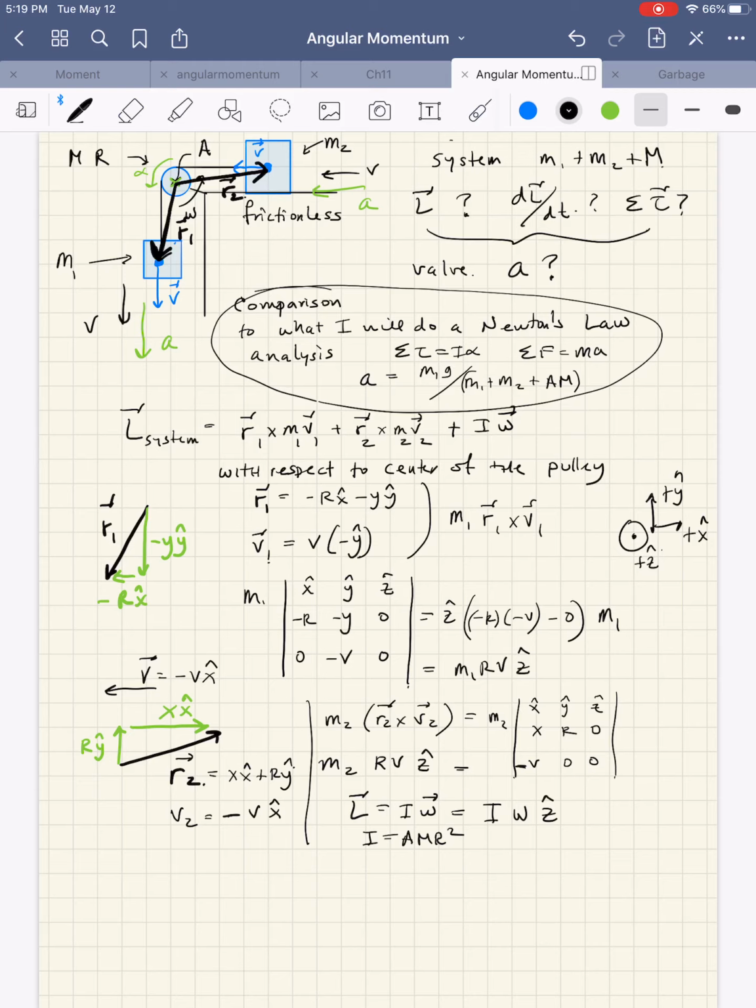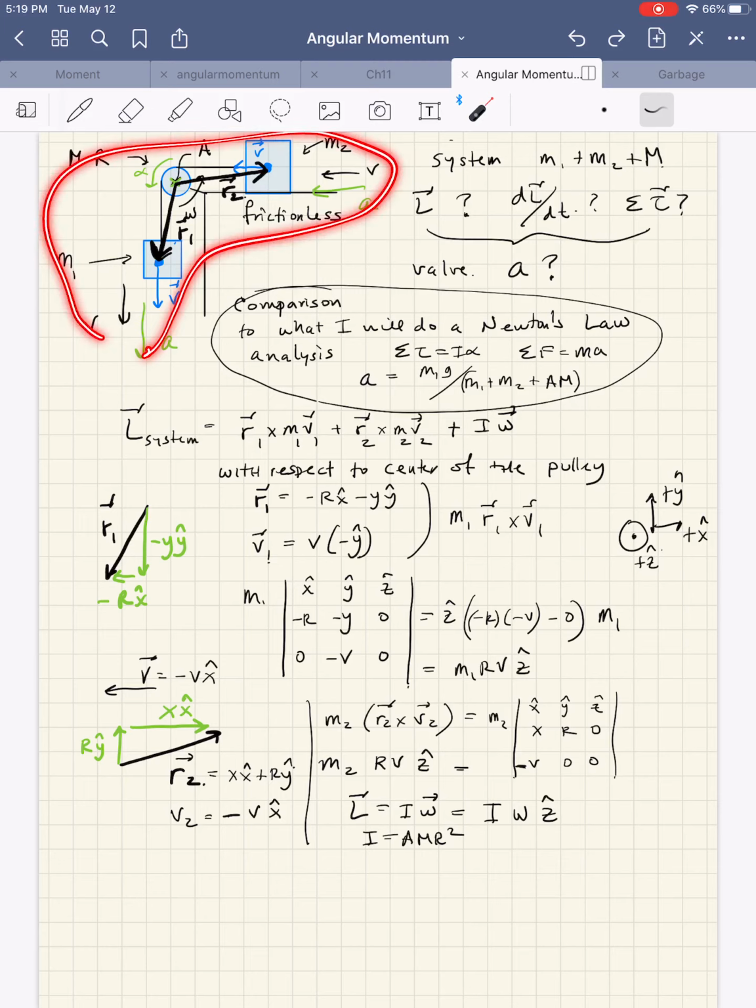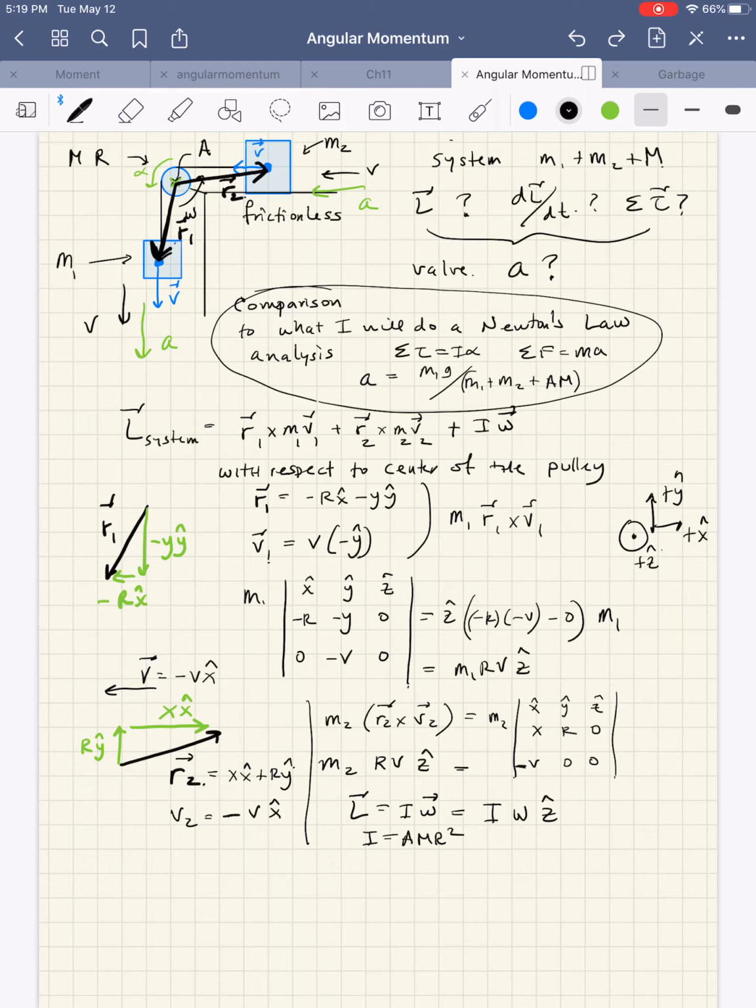And also, at this time, I'm going to try to get everything out of omega and write it in terms of v. So for this angular momentum of the system, I'm going to assume I pretty much know everything here on the page except for A. So I'll know V, M1, M2, M, and R, and A. So let me write that down here.